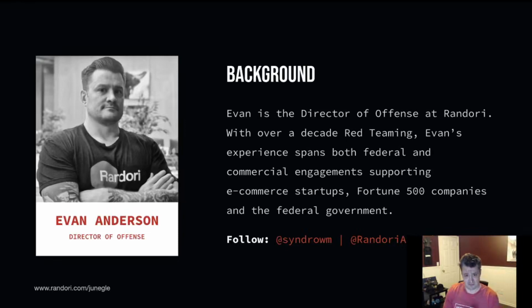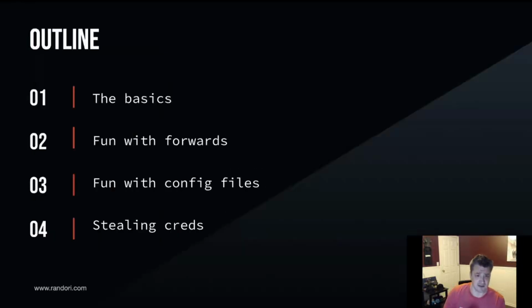So, outline for the talk. First, we're going to go over the basics, because I can't really explain a bunch of the command lines without covering some of what you see. Then we're going to go over all of the fun stuff you can do with functionality that's just built into SSH.